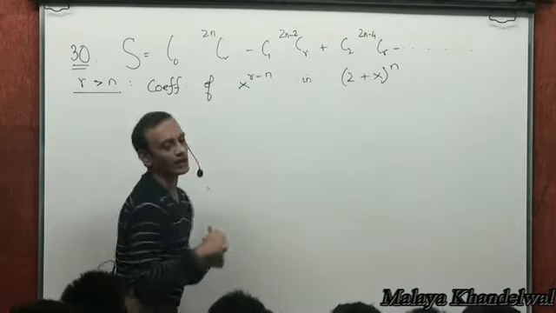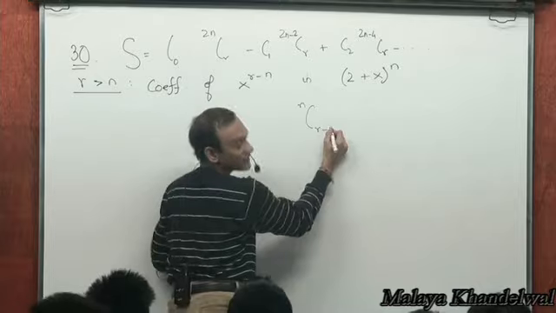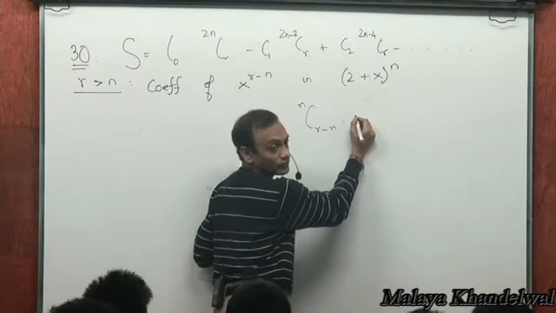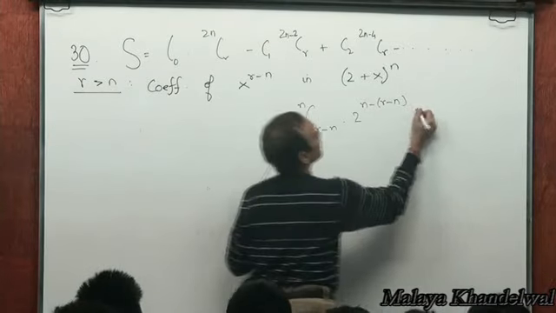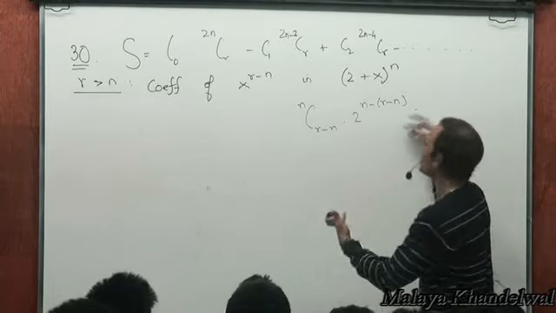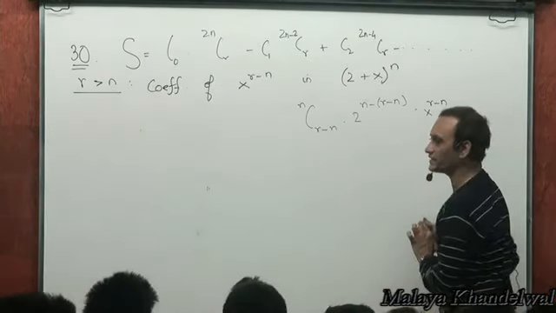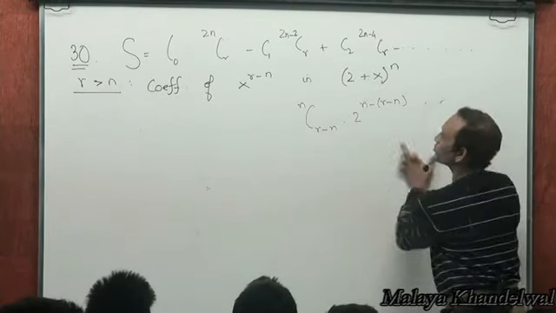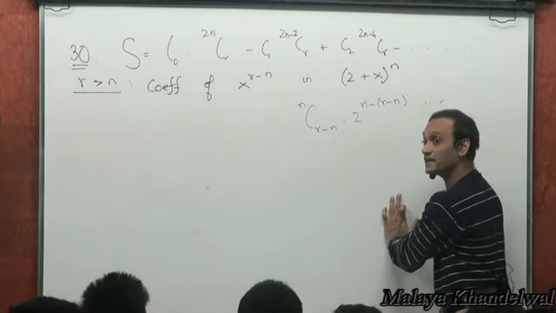Now, the coefficient of x^(r-n) would be what? nC(r-n) 2^(n-(r-n)). This is the coefficient. See, the term would be like x^(r-n). There will be a term like this, but the coefficient will be this. This will be the required coefficient, isn't it?